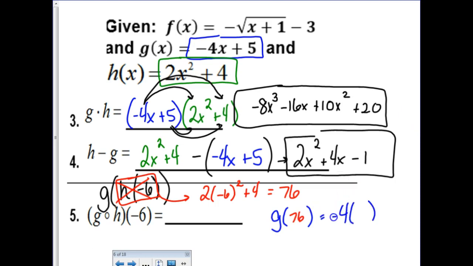So negative 4 times 76 plus 5. Okay, I give up. I need a calculator now. Or at least an answer key. Is it negative 299? Yay. So that final answer you get through the composition is your solution or your evaluation for that composition.